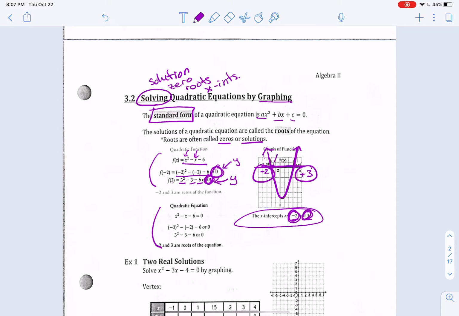When we're trying to find the x-intercepts, we're trying to figure out when the y-coordinate is 0. And so since plugging -2 and plugging 3 in give me 0, that tells me that those are solutions to the equation, okay?